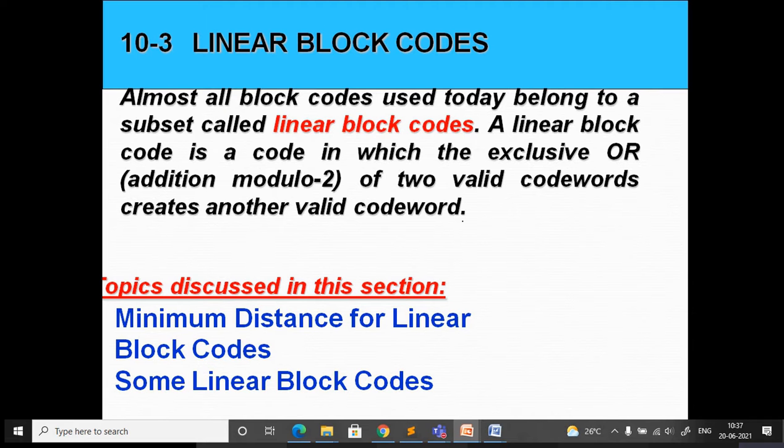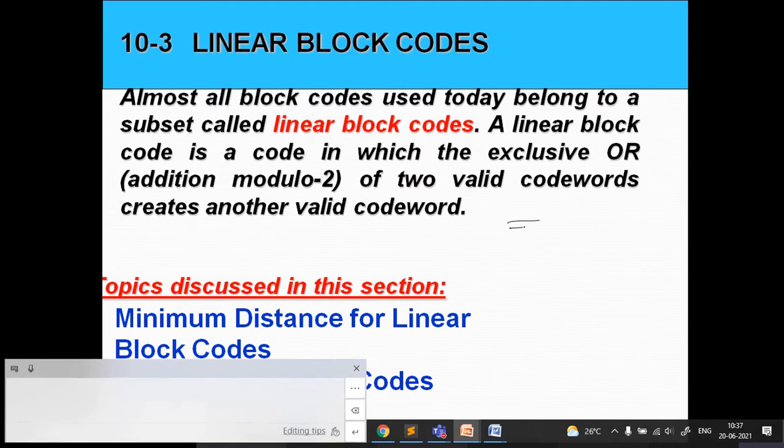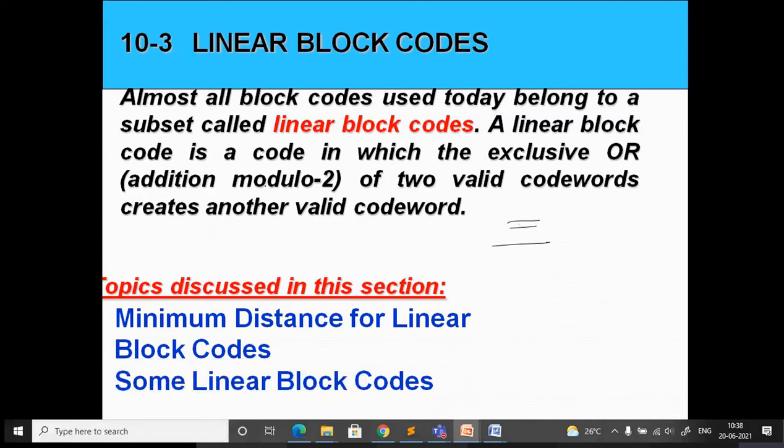I think we have done this already in the previous case. To find a valid code word, you can just add two valid code words, and it will generate another valid code word. For that you can go with modulo 2 or simply apply the exclusive OR operation.